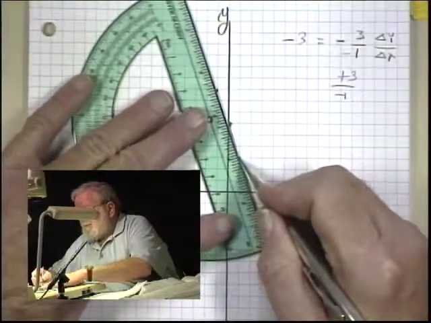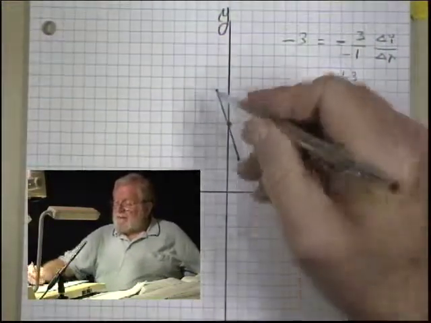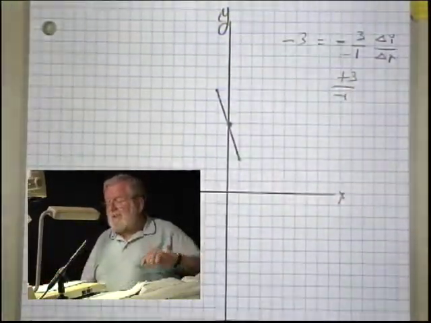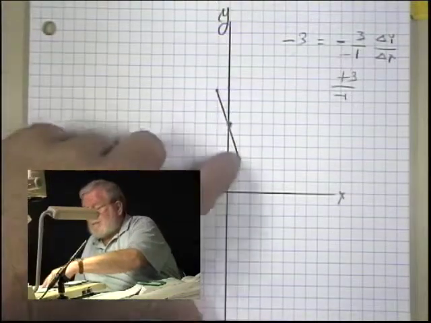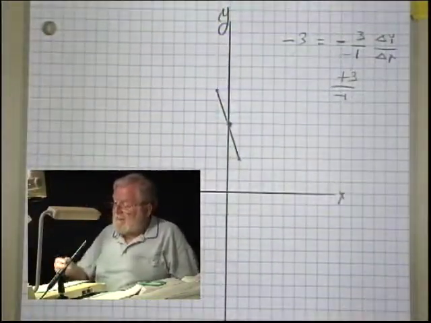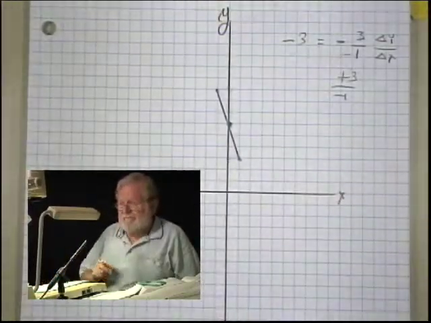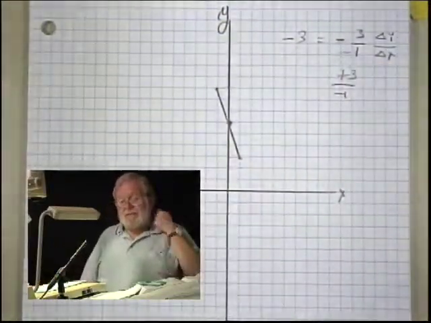Notice the slope is the same. We get the same line, the same slant to the line, and that's what the slope is. It's a measure of the pitch of the line or the steepness of the slant of the line. It's the same whether we go this way or whether we go this way. So that's a slope of minus 3.